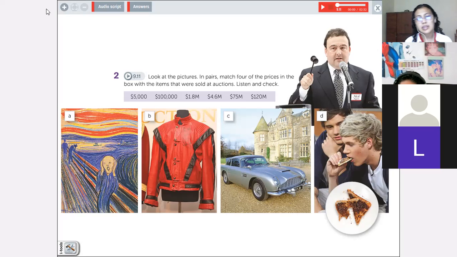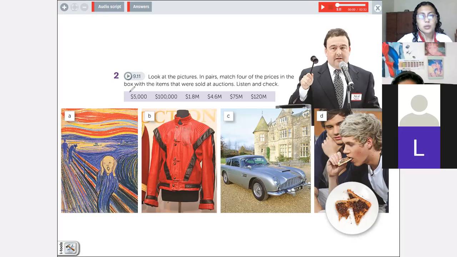What about the object C? That is a car. $4.6 million. Very good. $4.6 million. What about the last one? A toast. $100,000.